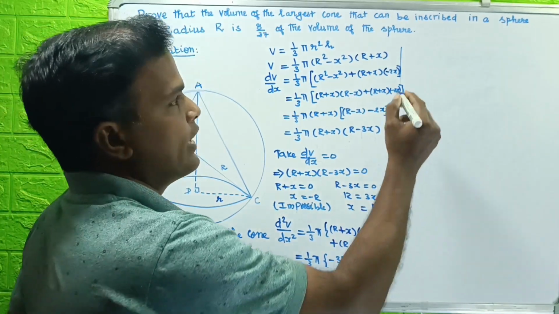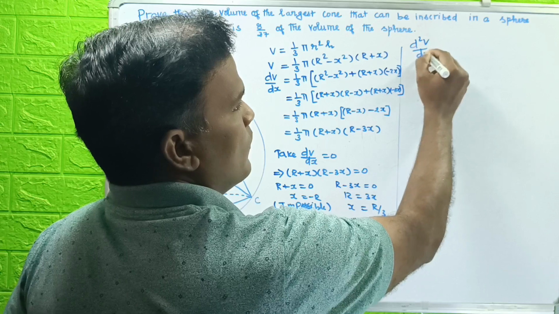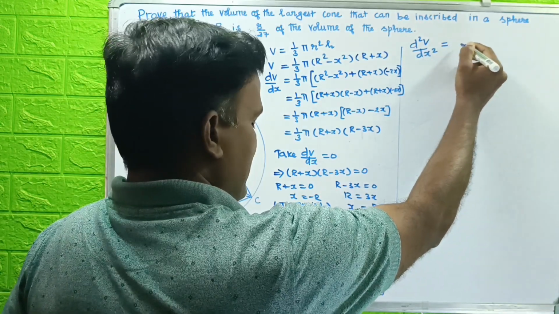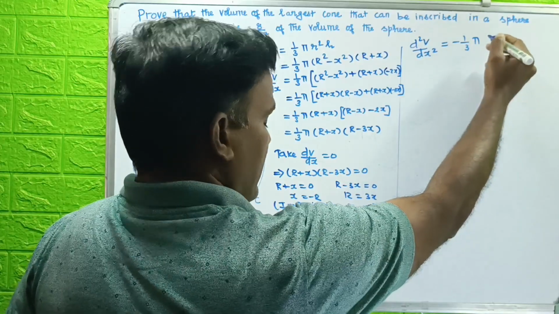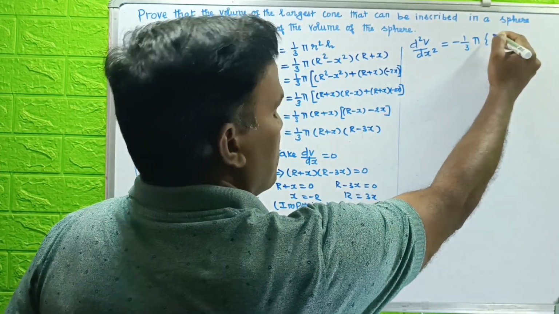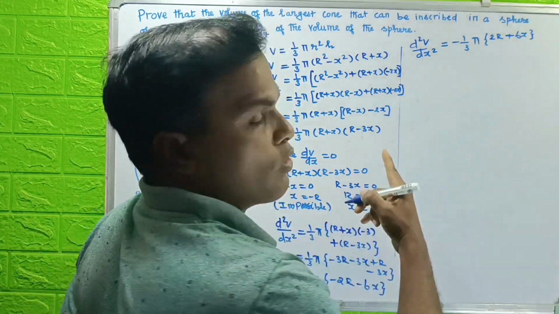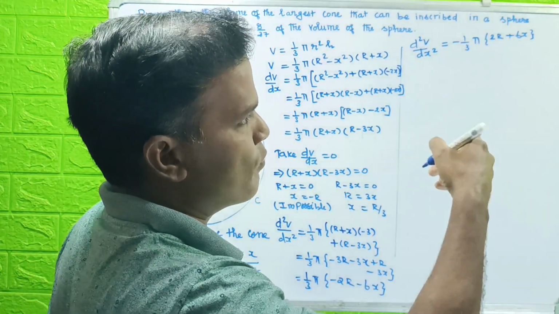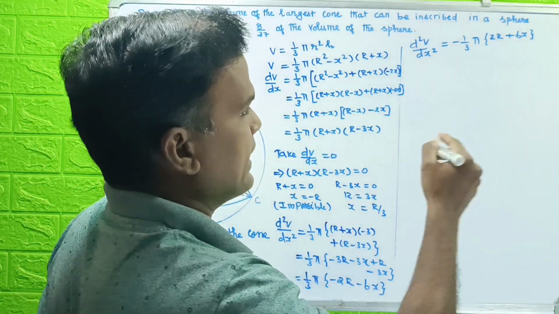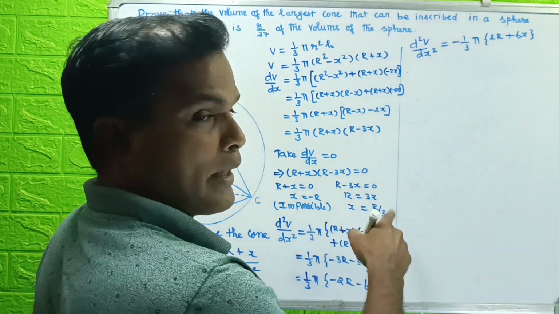So d square v by dx square is equal to minus 1 by 3 pi into 2r plus 6x. Next, d square v by dx square at x equal to the critical point r by 3.